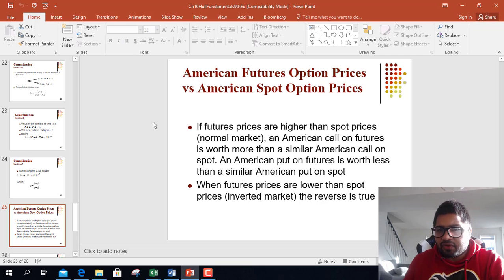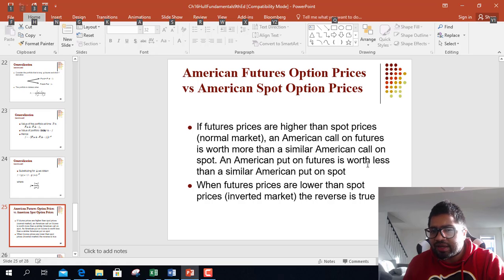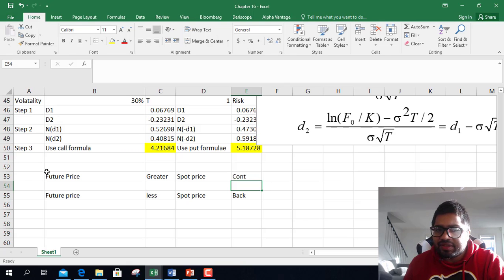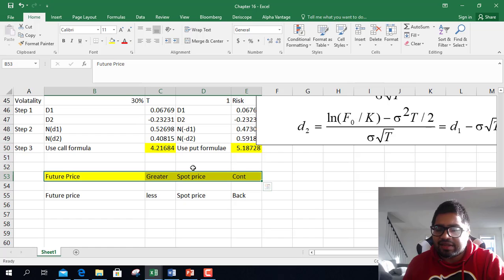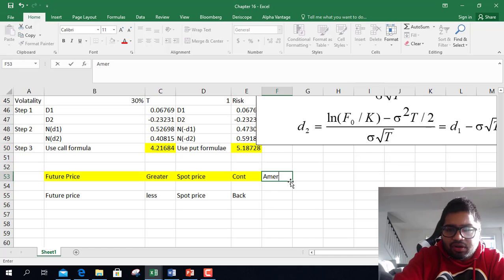So in case the future prices are higher than spot price, American call on futures will be worth more than American call on spot, and American put on futures will be less than American put on spot. So what does it mean? If future prices are greater than spot price, that is the market is in contango, American call on futures is greater than American call on spot.